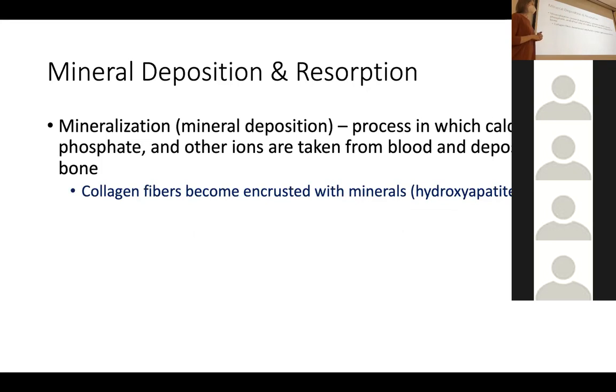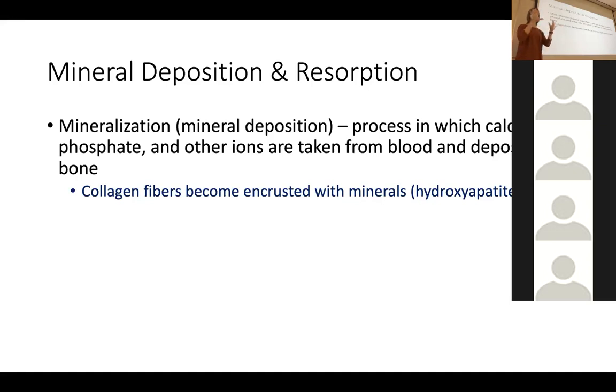These minerals are being essentially deposited on collagen fibers in the bone matrix. So you have the hardened bone matrix, but it's hardened because you have this calcium attaching to these collagen fibers. That's what's creating that hydroxyapatite. If you don't remember that term, definitely go back and look at what that is. But hydroxyapatite makes up the inorganic or ceramic portion of the matrix of bone tissue.